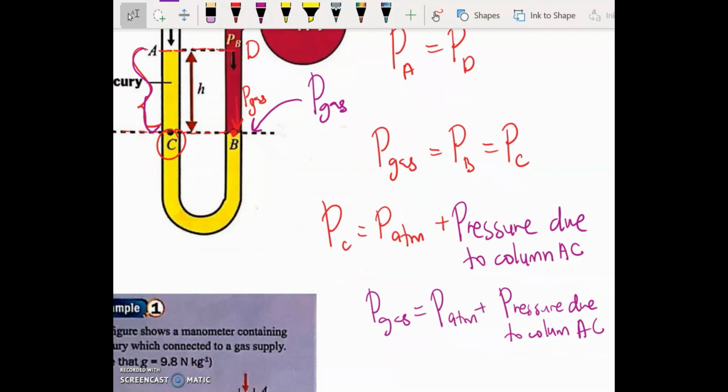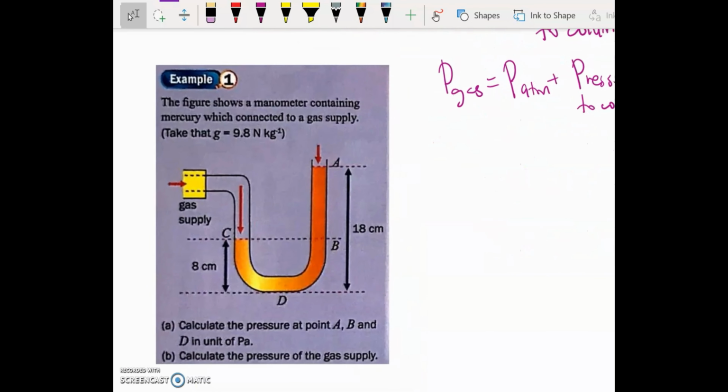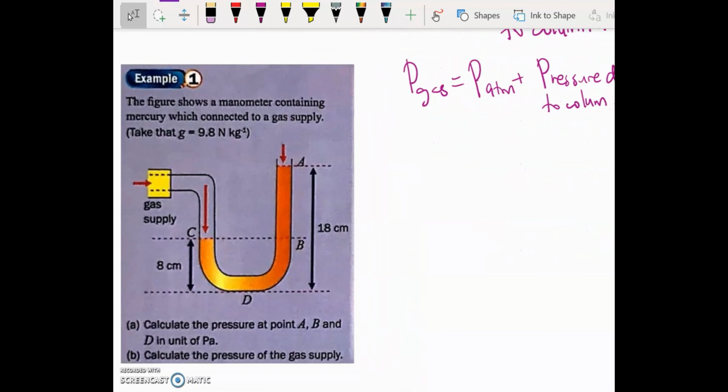Okay, let's do one exercise. Example 1: the figure shows a manometer containing mercury which is connected to a gas supply. Calculate the pressure at points A, B and D in units of Pascal.